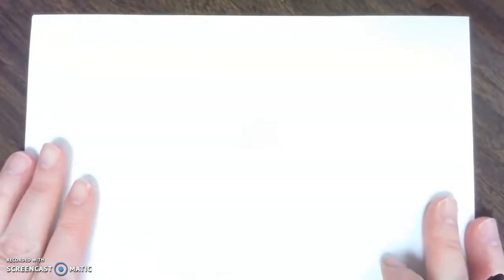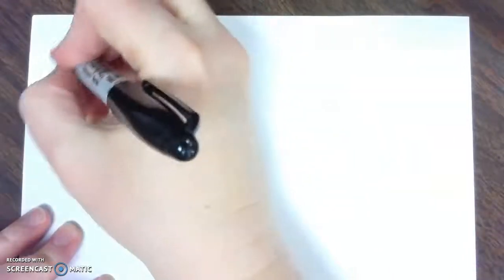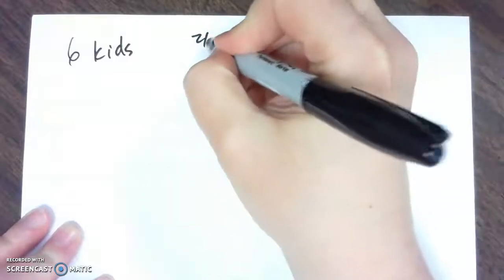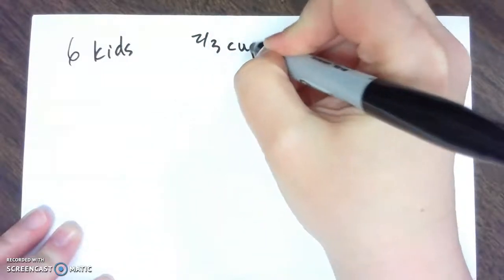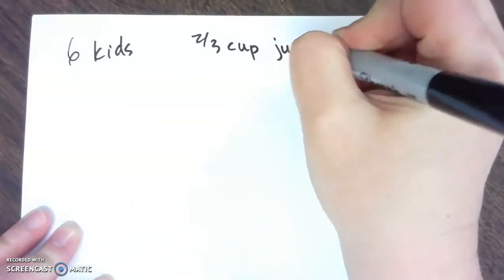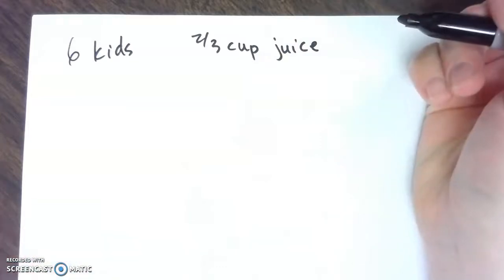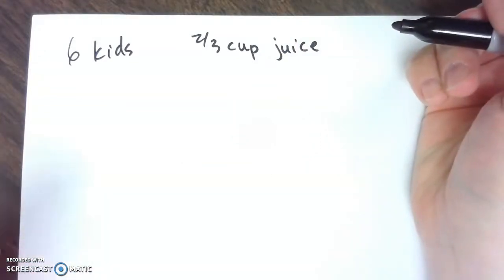So the next problem that they have you do on Zearn has to do with drinking juice. And so they tell you that there are 6 kids and that each kid drinks 2/3 of a cup of juice. And they don't want to know how much juice they drink altogether.